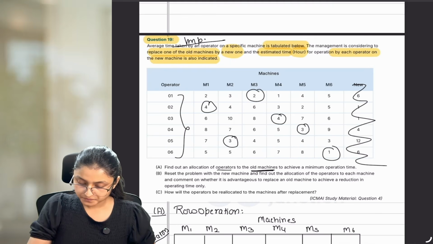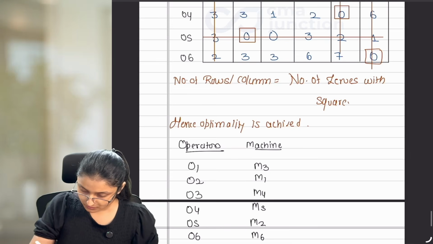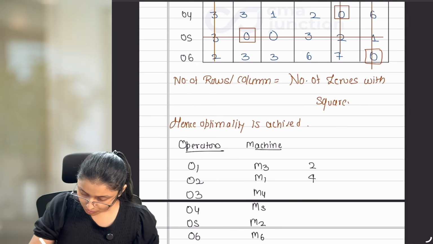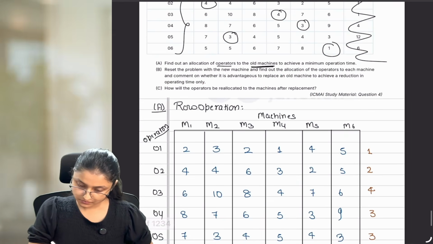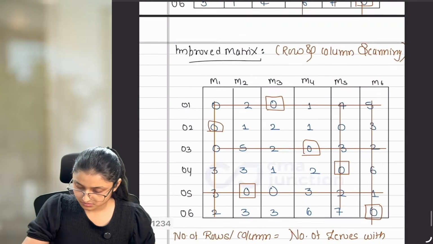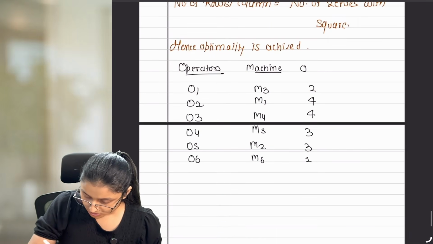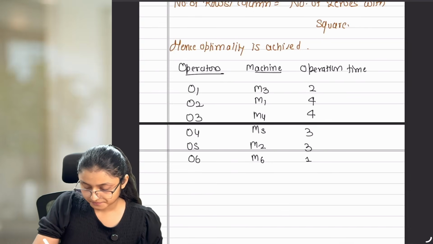So 2 4 4 3 3 1. And this is hours, I think. Operation time is given in hours.